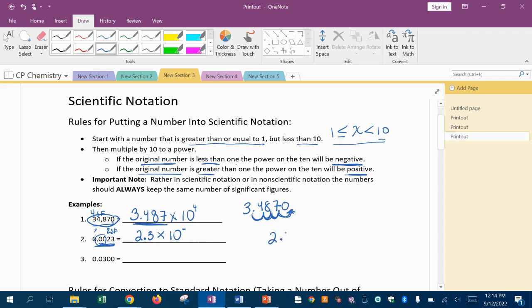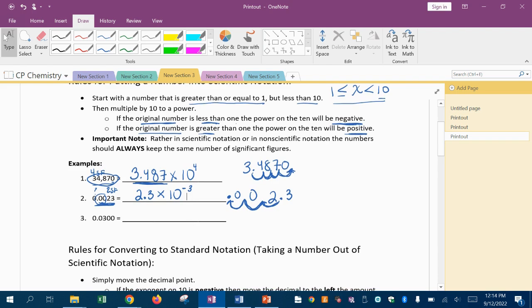So if I have 2.3, how many times do I have to move it to get to 0.0023? If I move it 1, that would give me 0.23. So I've got to keep going. 2, I can add a 0. 3, I can add one more 0. So I'm going to move it 1, 2, 3, and that's to the negative third power. Again, it's a negative third power because I'm trying to get to a smaller number than 2.3, and I'm moving the decimal to the left.